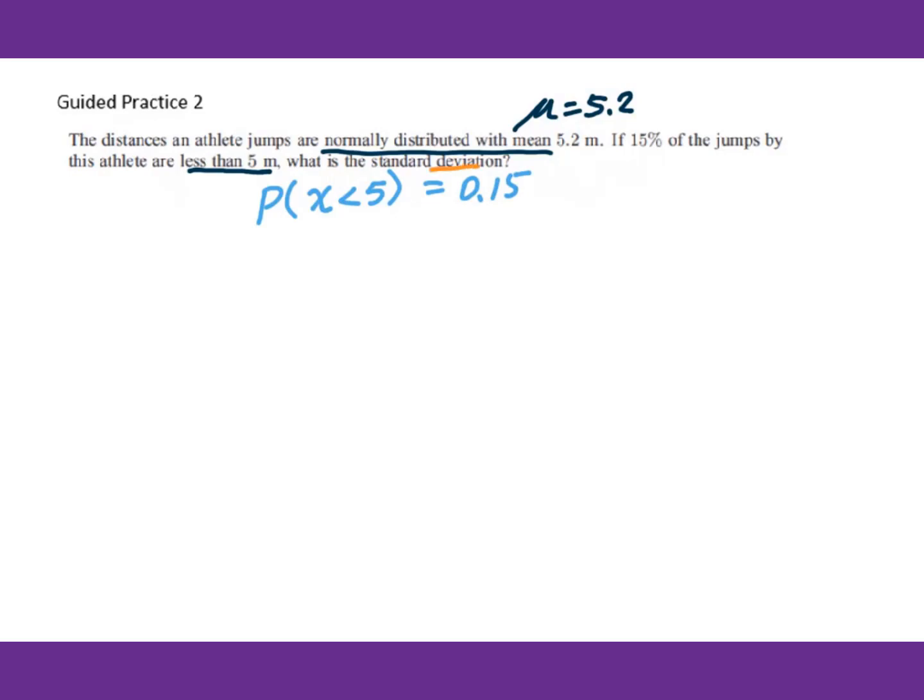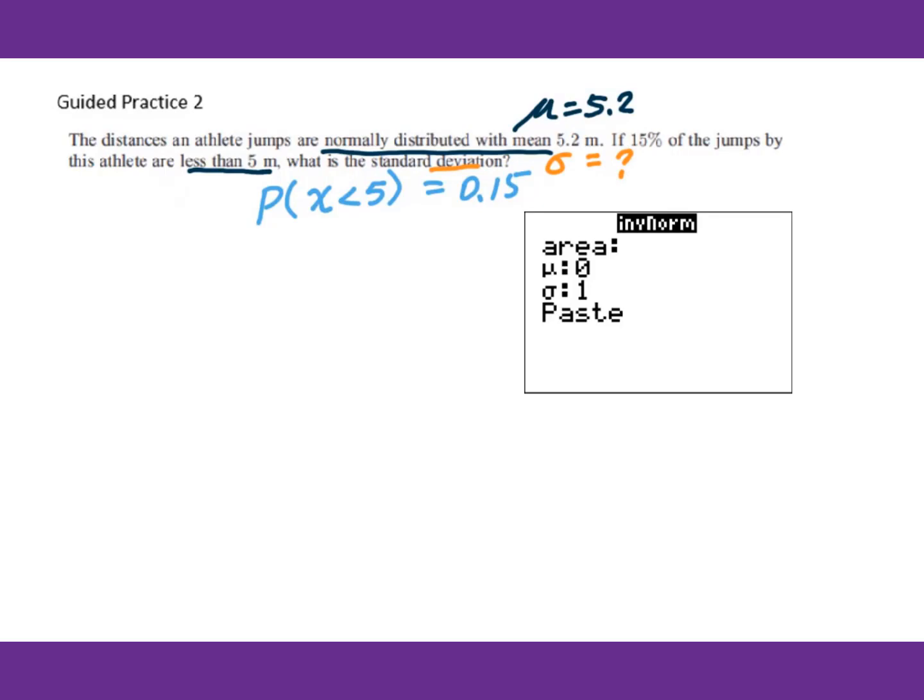Since we are looking for the standard deviation, you need to figure out the z-value first. Since this is x less than 5, the 0.15 you can directly put into this area. Then you go to the graphing calculator, and you can get the z-value.